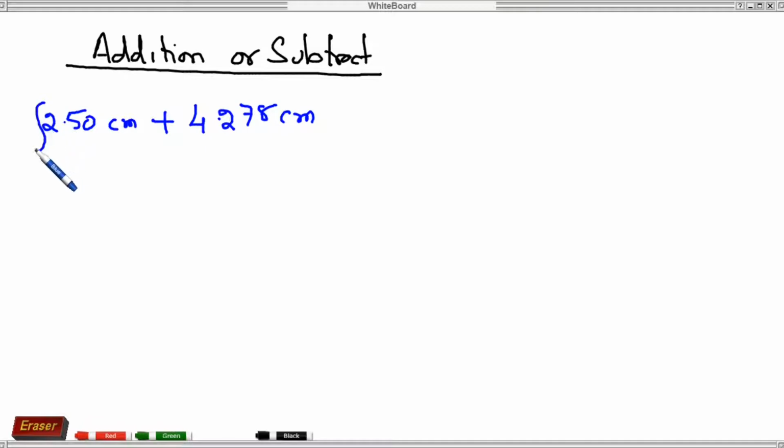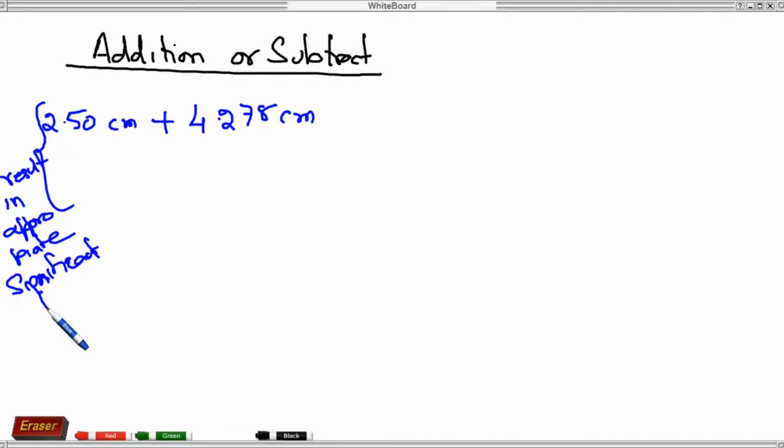We want the result in appropriate significant figures. So you can see here there is a rule.